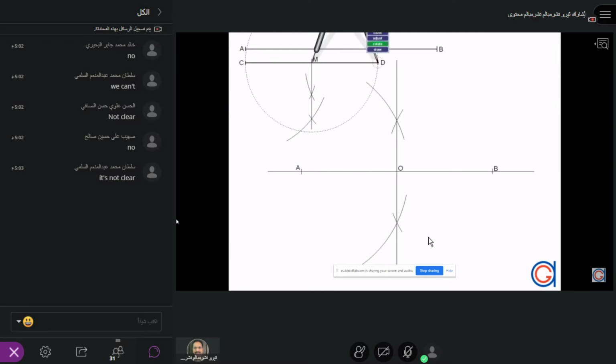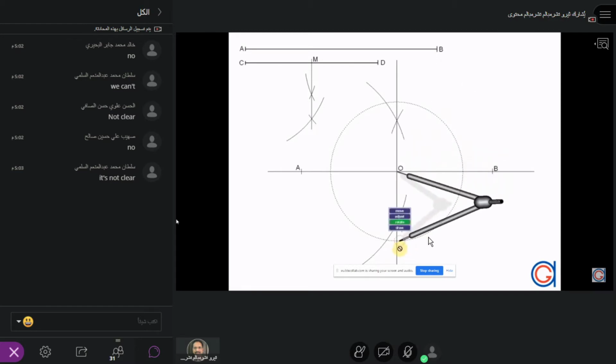This perpendicular bisector cuts the axis CD in half at the midpoint M. Using our compass set on point M to D, we will transport this length onto the vertical bisector above and below the midpoint O, as can be seen here in the video.